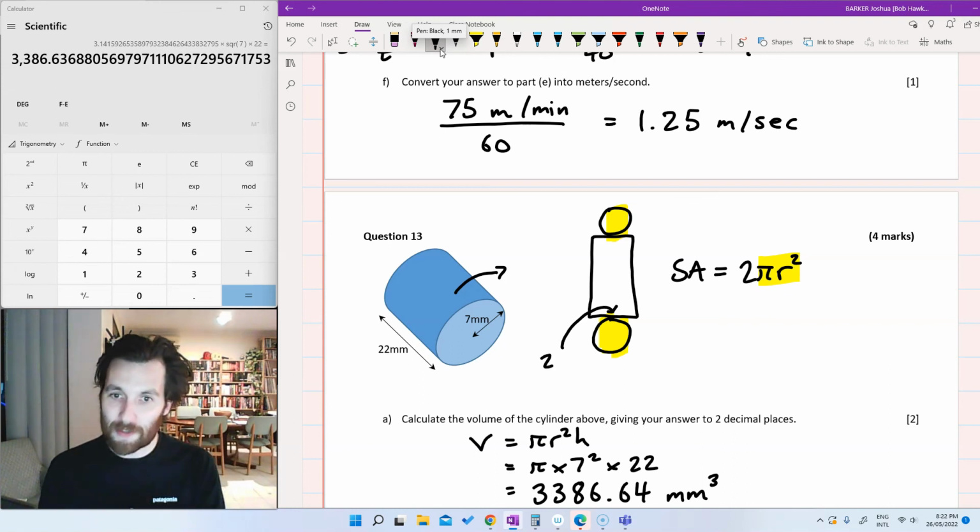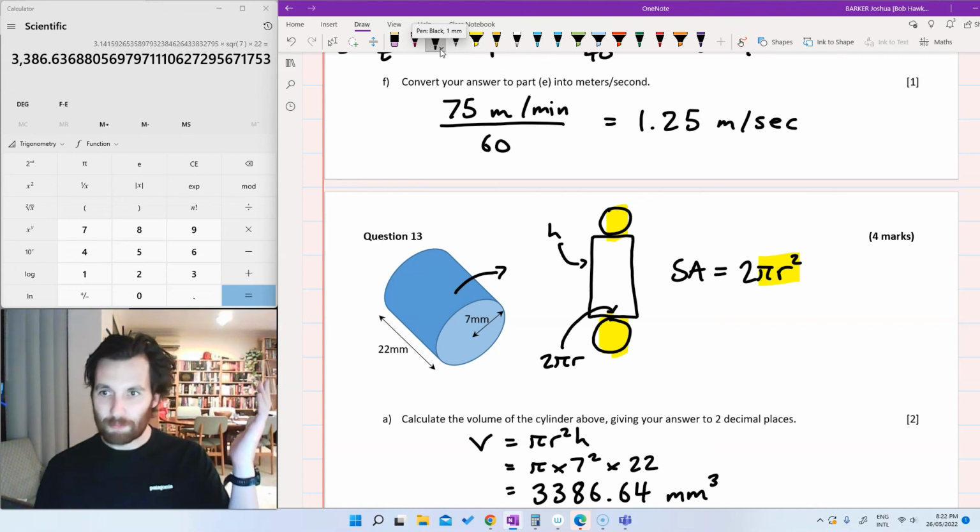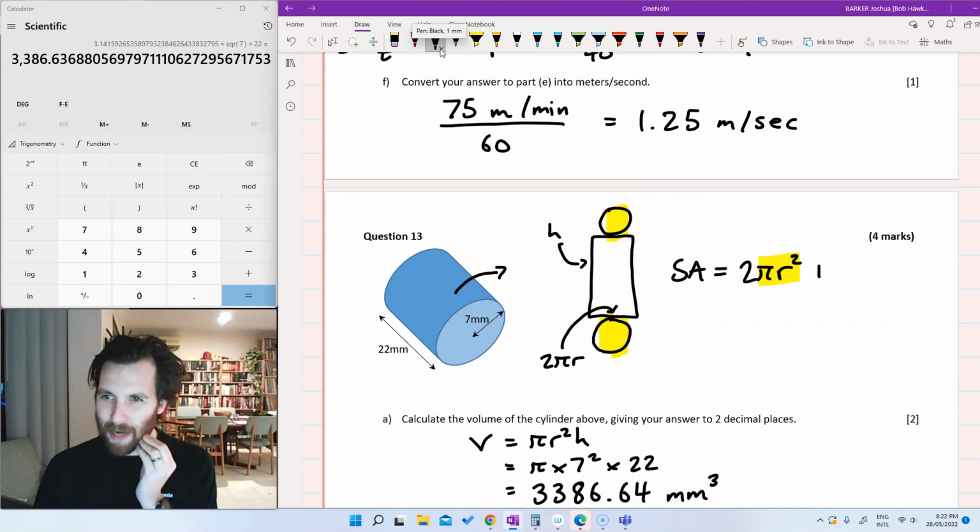The base width is going to be the same as the circumference of the circle, so 2 pi r. And the height of it is just going to be the height of the cylinder. So what's the area of that rectangle? It's going to be 2 times pi times the radius, because that's the length of the whole base. And I'm going to multiply that by the height of the shape.